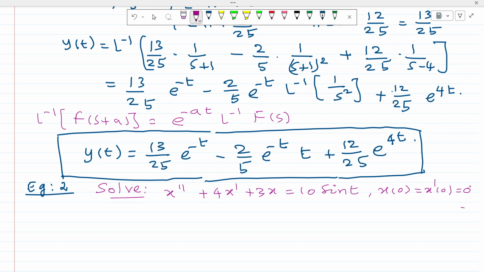What is the problem here? X double dash plus 4x dash plus 3x equal to 10 sin t, x of 0 equal to x dash of 0 equal to 0.